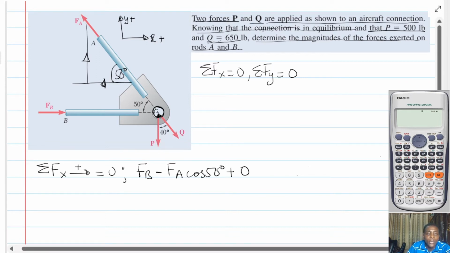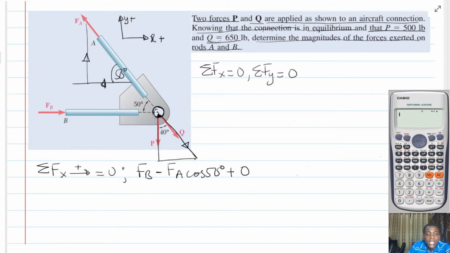Now let's look at Q. This is the line of action of Q, and Q is making an angle of 40 degrees with the vertical, so the horizontal component of Q is going to be sine, and it's going to be positive because it is in the direction that we chose.